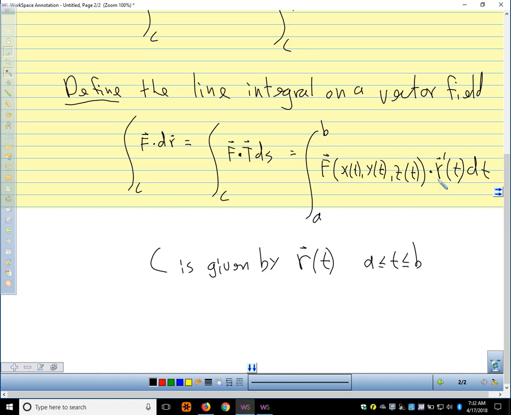And where we're going with this is we're going to find a relationship between the tangential component of a vector field around a curve and the curl of the field in a region. So we're gonna make these relationships between these two things. That's part of the point of what we're doing in chapter 15, is to discover relationships between all these things.